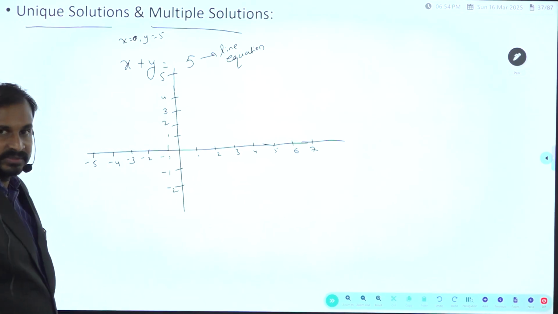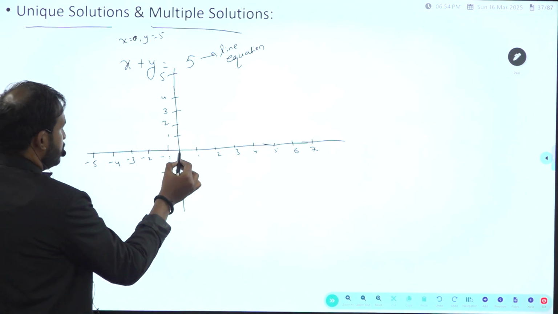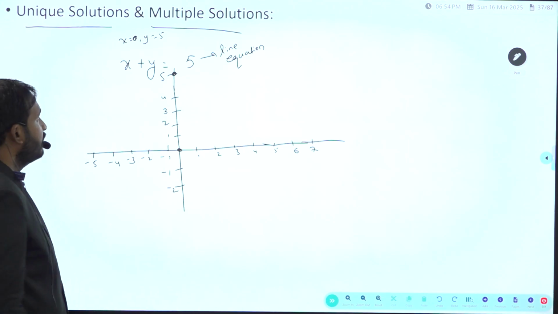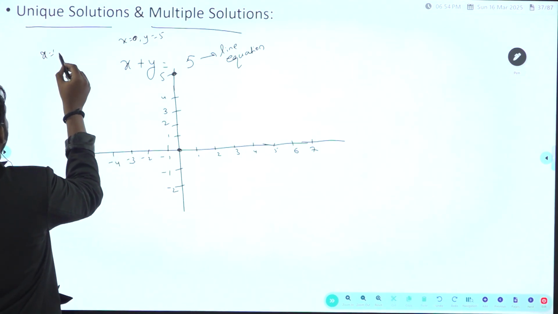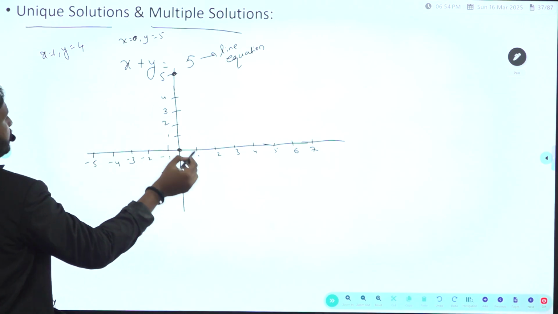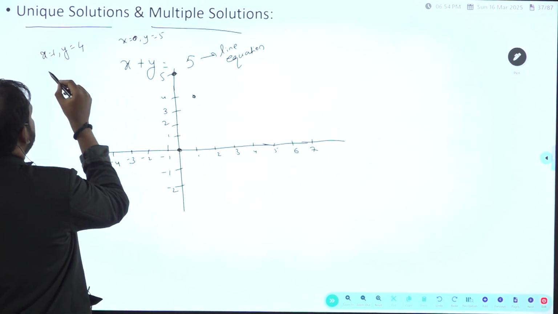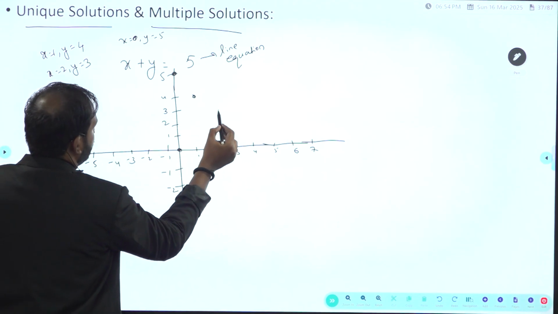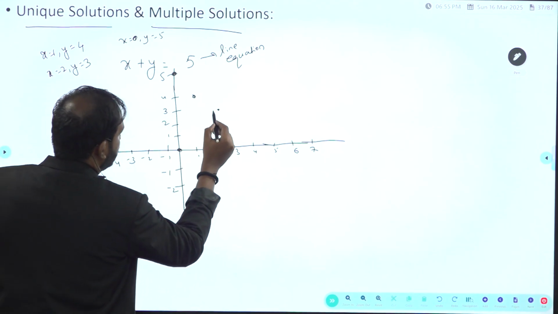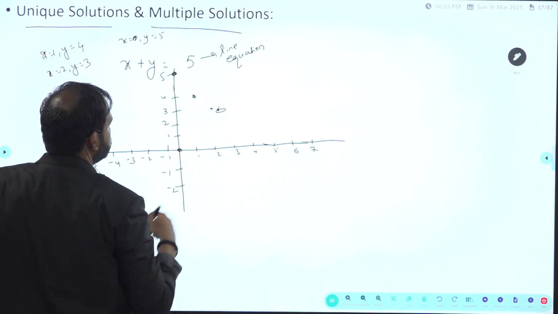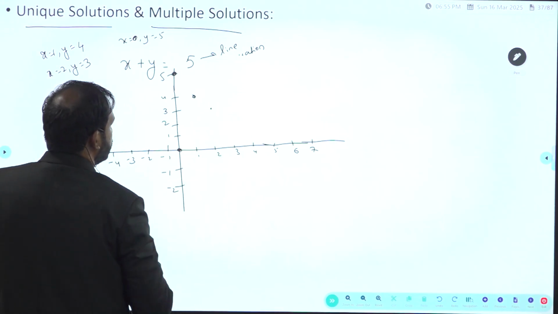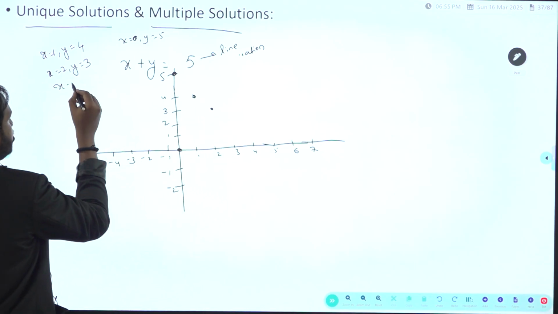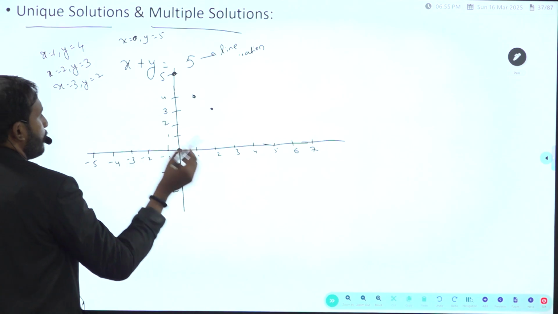If I take x as 0, y value becomes 5. If I take x as 1, y value becomes 4. If I take x as 2, what will be my y value here? 3. So 2 and 3 will be somewhere around here. If I take x value as 3, y value is 2.